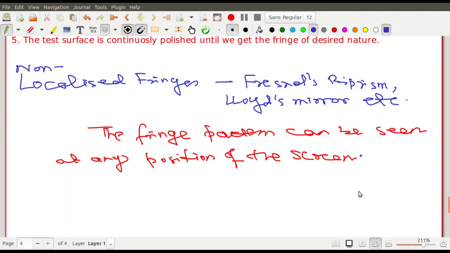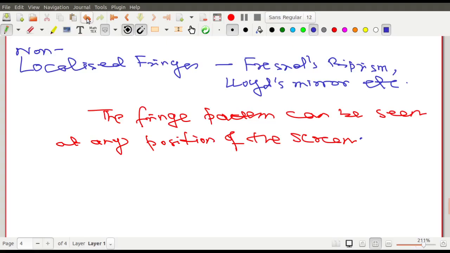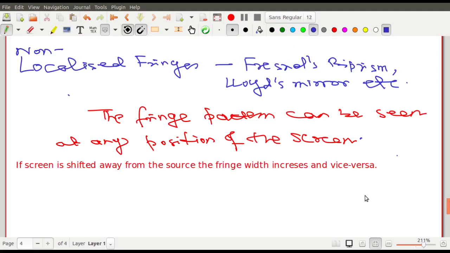Now, is the same true for the fringe system in thin film, or division of amplitude? Localized fringes? No, it's not true.